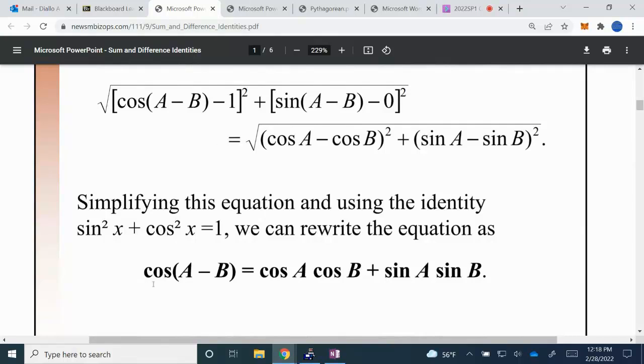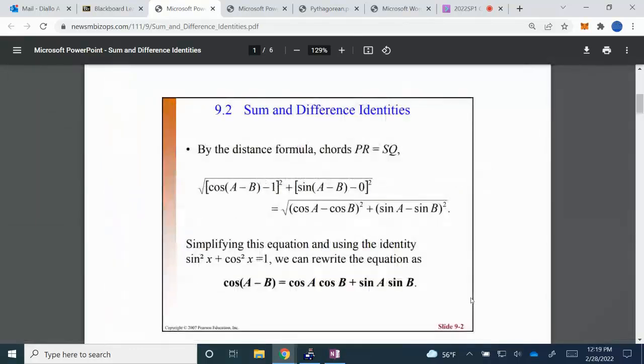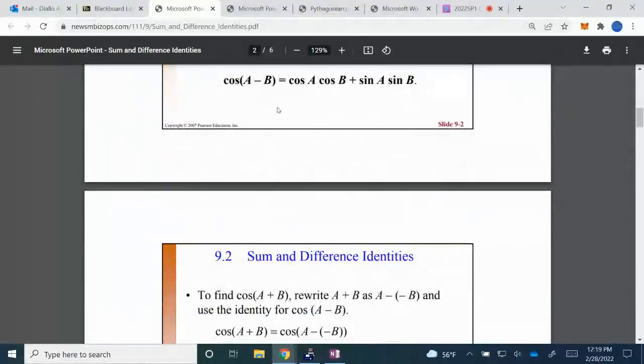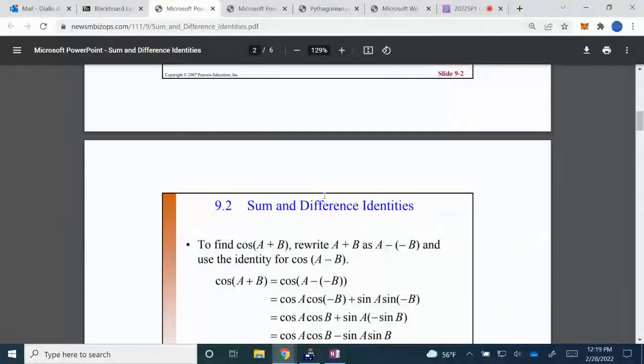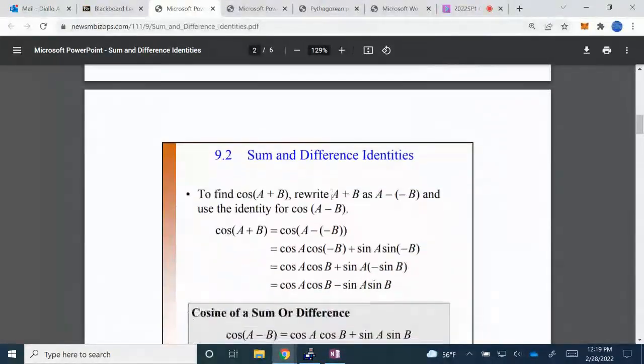Once the square root is removed and it's solved for the cosine of A minus B, out pops the identity. This says that the difference of cosine, the cosine of A minus B, is equal to the cosine of A times the cosine of B plus the sine of A times the sine of B. And from this formula, we can derive the other sum and difference formulas.